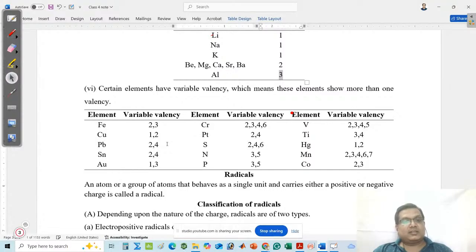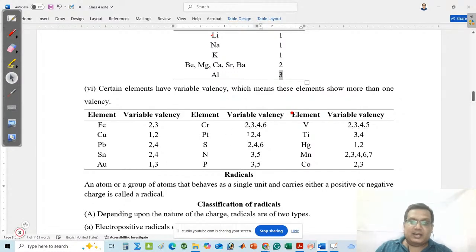I will explain such things in the structure of atom units. Here we can explain clearly how iron shows two valencies, one is your two, another is your three. Similarly, copper, lead, tin also have more than one valency.